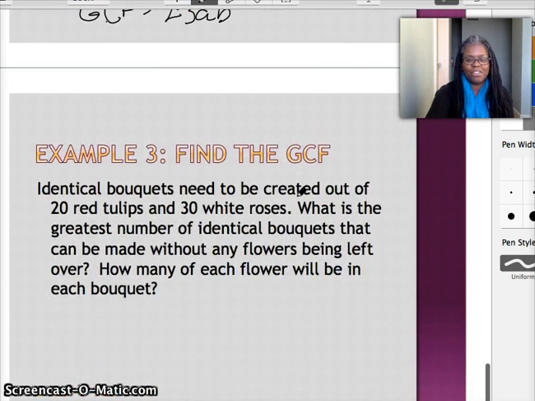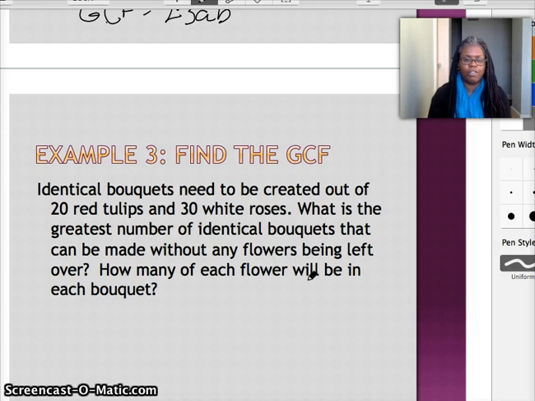Let's take a look at another example of finding the greatest common factor. Identical bouquets need to be created out of 20 tulips and 30 white roses. What is the greatest number of identical bouquets that can be made without any flowers being left over? How many of each flower will be in each bouquet?